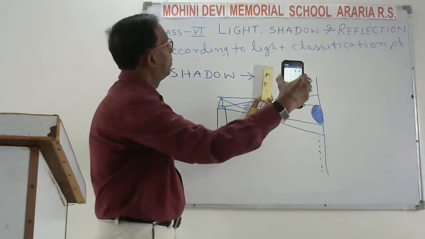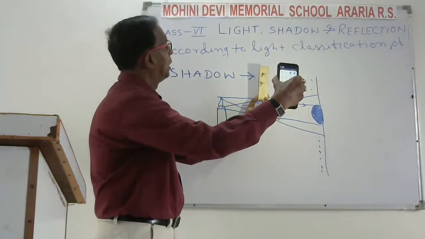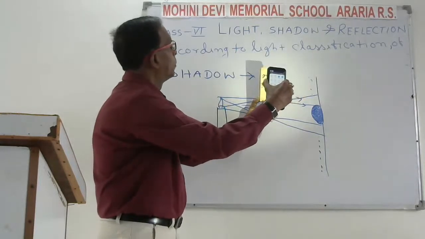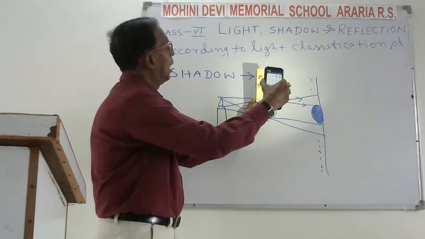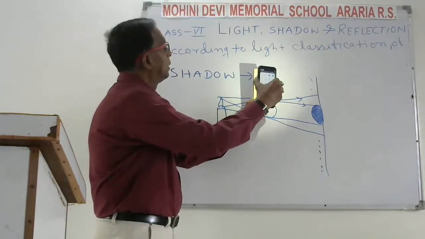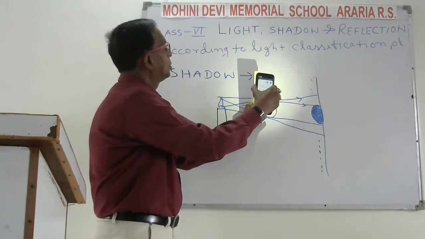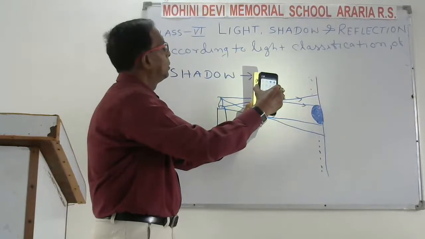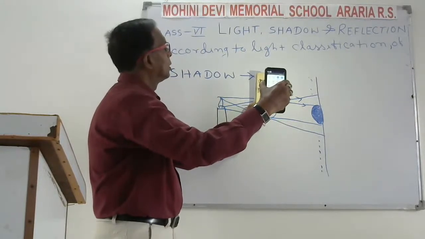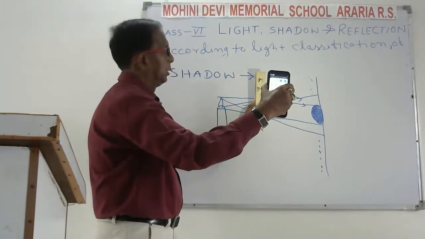And the shape of the black patch is changing when I am changing the source of light. When I am coming nearer to the duster, its size is increasing, and when the source of light is going away, the size of the shadow is decreasing.